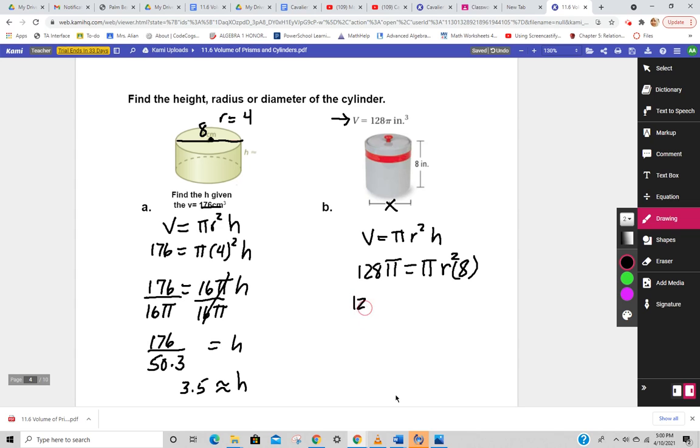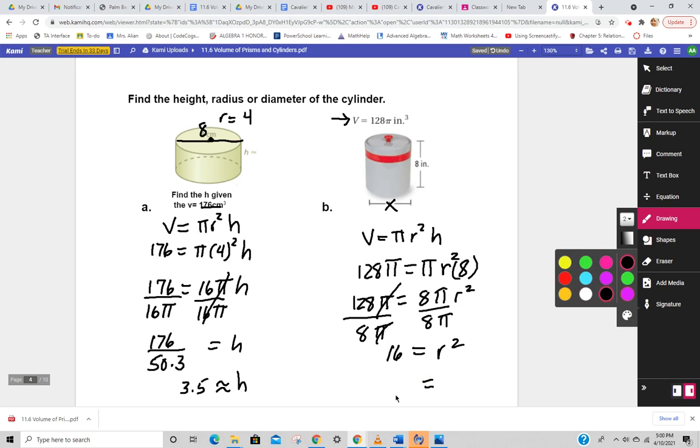Okay, so I'll have 128 pi equals 8 pi r squared. I will divide both sides by 8 pi. So I have radius squared. The pi's cancel out. 128 divided by 8 is 16. And the radius, take the square root of both sides.